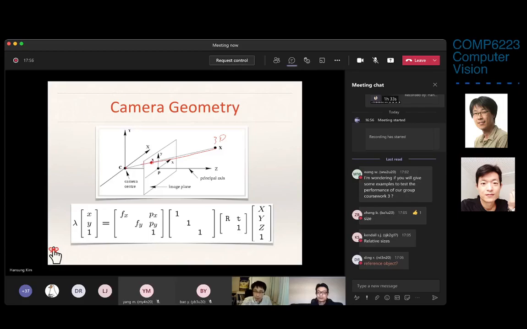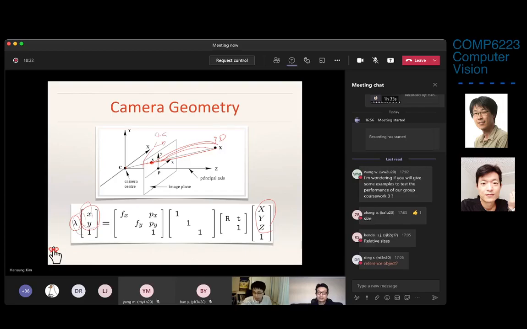Then we want to retrieve this relationship. It is calculated as follows: this is the original 3D point, and this is the projected 2D point. There will be some scale factor lambda, according to the resolution of the image. Even though the sensor is the same, according to the resolution of the image, if it's HD or 4K, the pixel location should change, right?